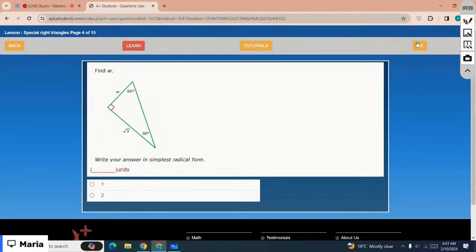Find W, which is the correct option? That is 1. The correct option is 1. Got it?